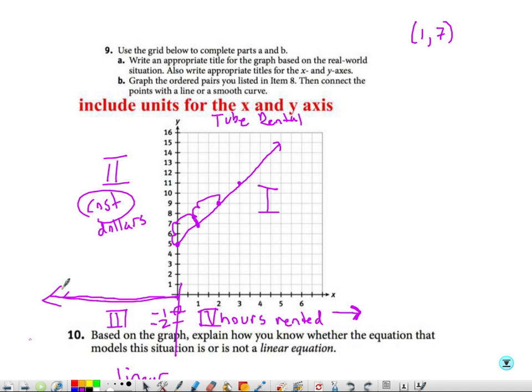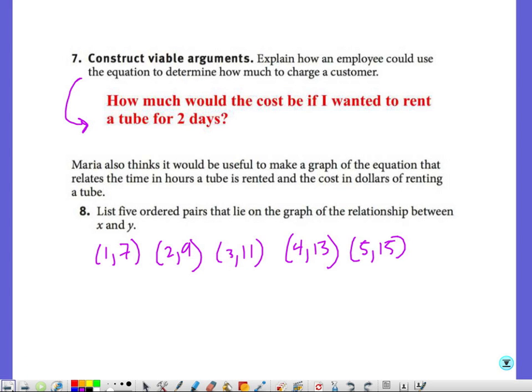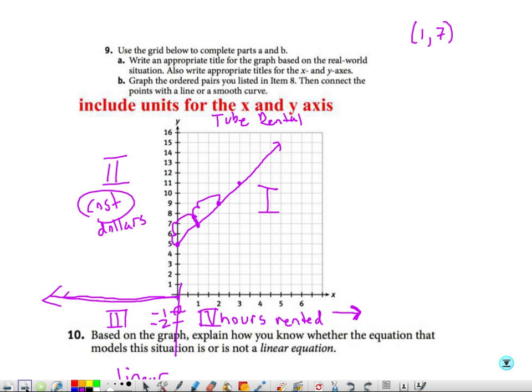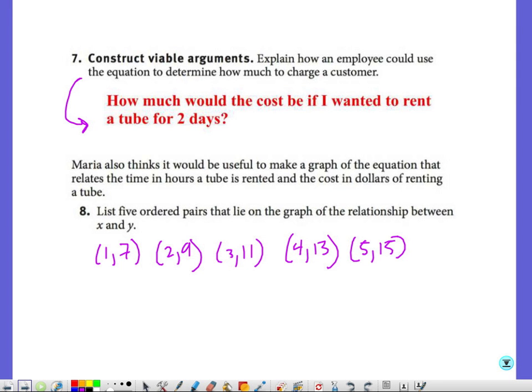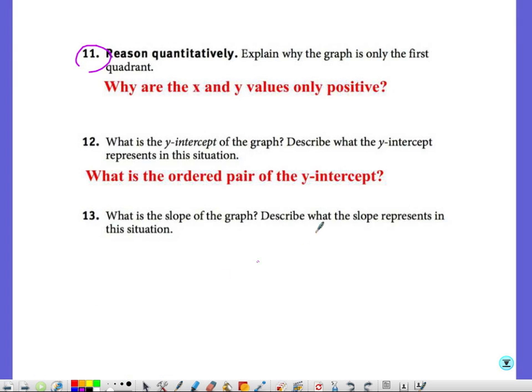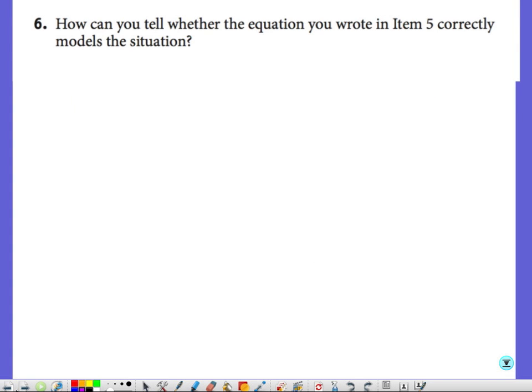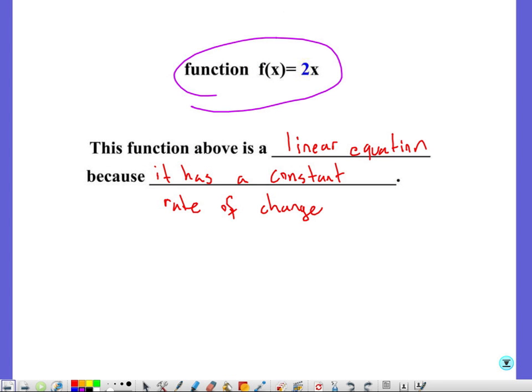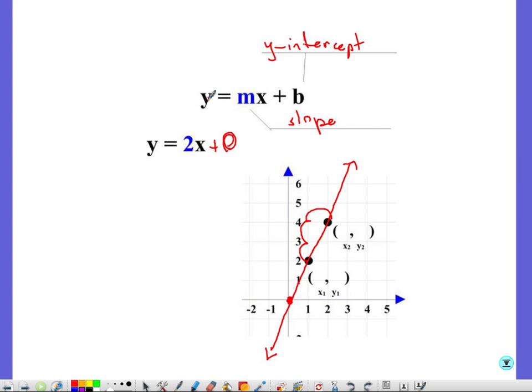Okay, so looking back at the ordered pairs, if we look at our equation that we came up with, which is y equals 2x plus 5, remember from our function cycle, this function is in the form of y equals mx plus b, where m is the slope and b is the y-intercept.